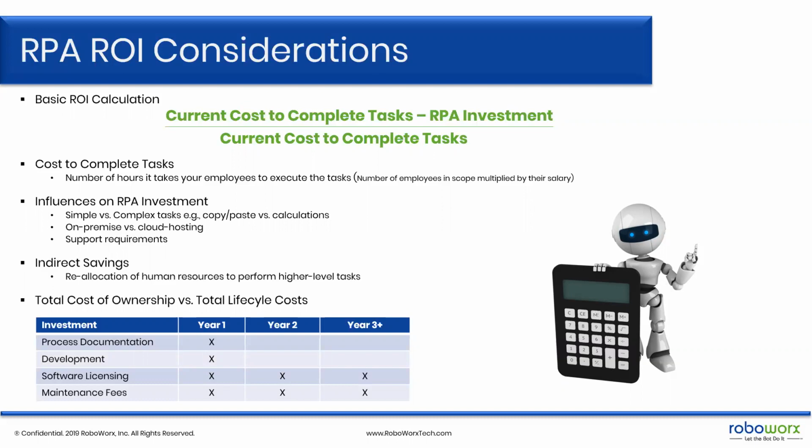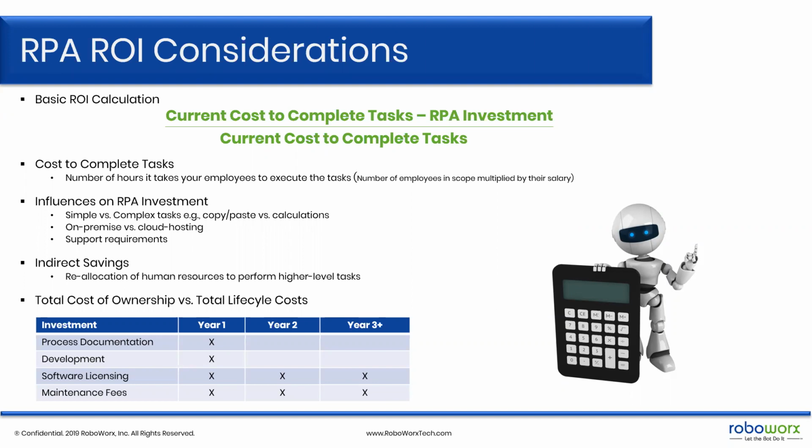So it's going to take more time to document the process and formalize the process and then give the instructions to the robot and the testing. So basically, the more complex the task, the more expensive the investment will be for the RPA robot.